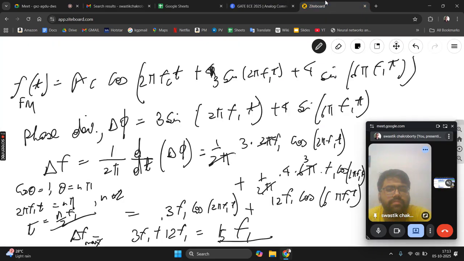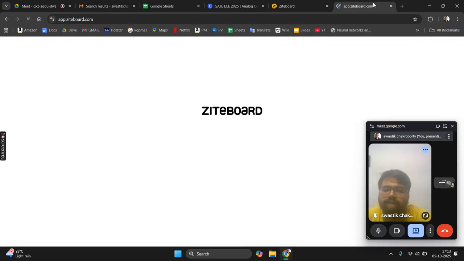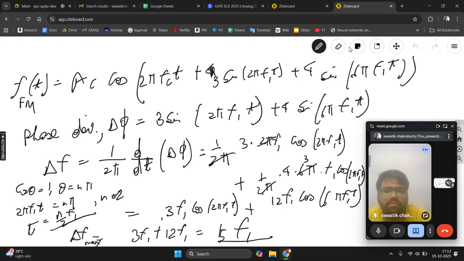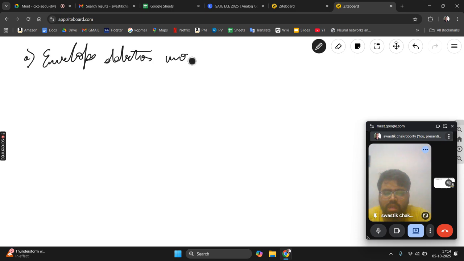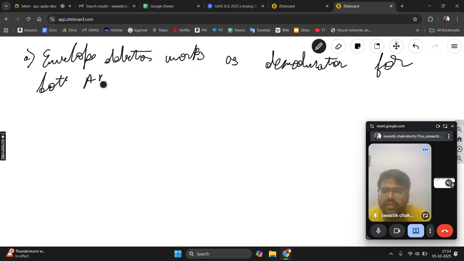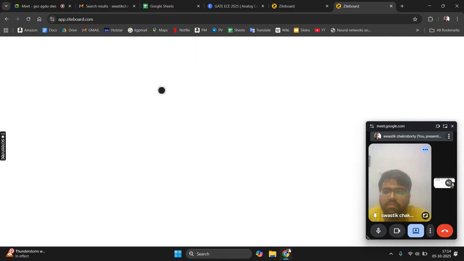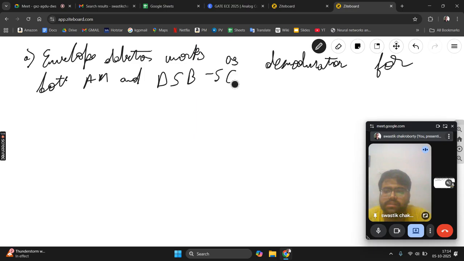So the options basically simplify to: A, the envelope detector works as a demodulator for both AM and DSB-SC.